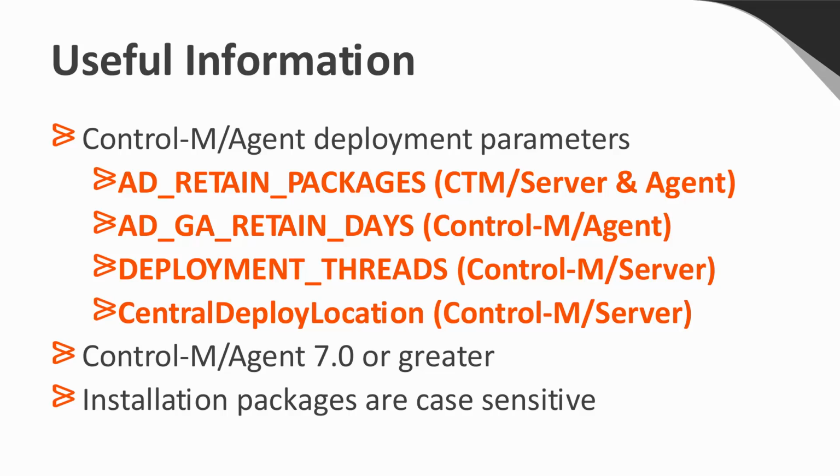Another important detail is that only Control-M Agent 7 or greater can be upgraded with the Control-M agent deployment tool. And once again, the very important thing is that the installation packages are case sensitive in order to be detected by the tool.